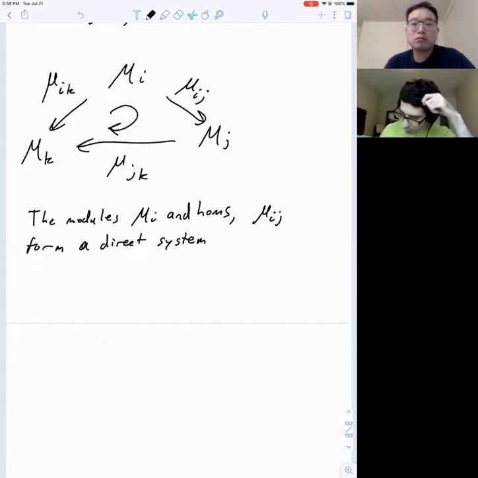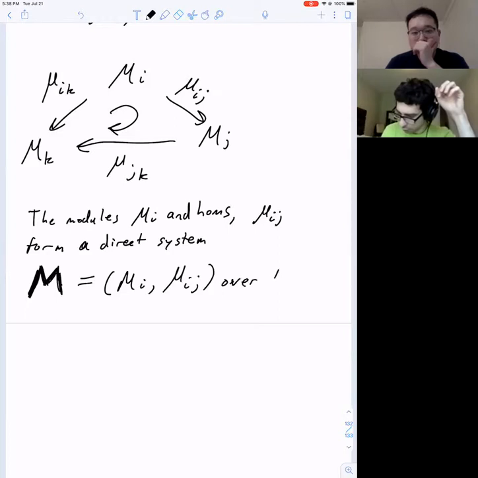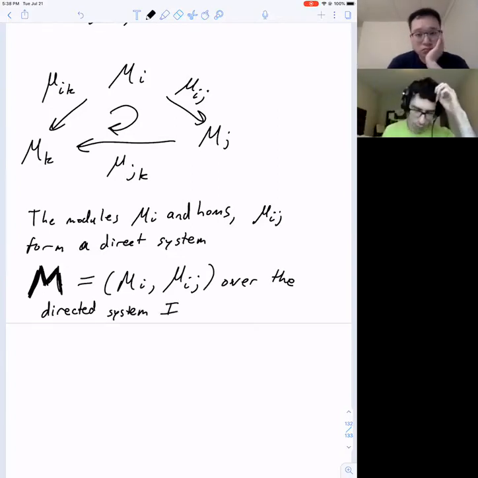We have to keep the information all together, so we make a collection and put it together as bold M over the directed system I. Do you know any objects that behave like direct systems? Sheaves. Yes, and why are sheaves so important?